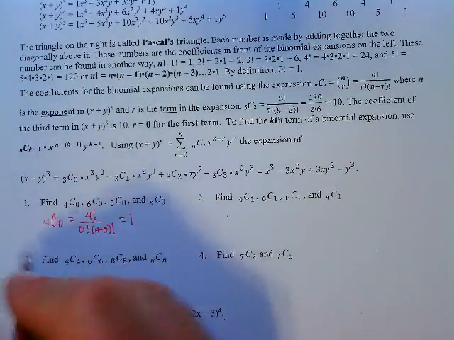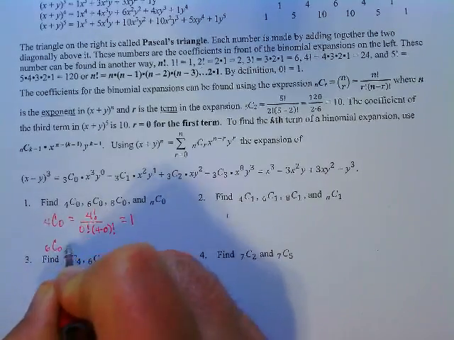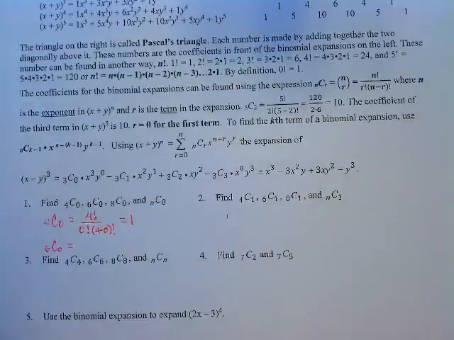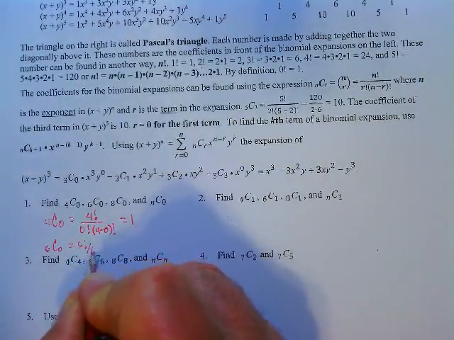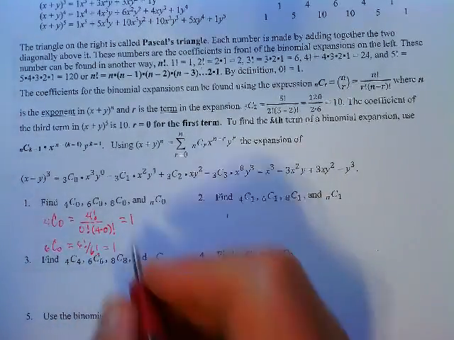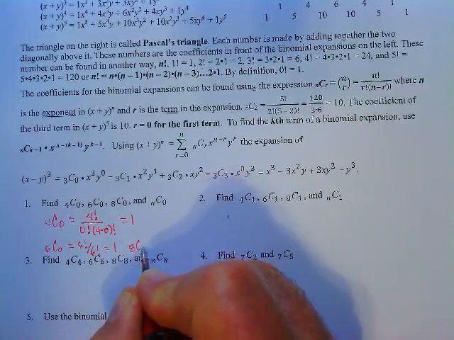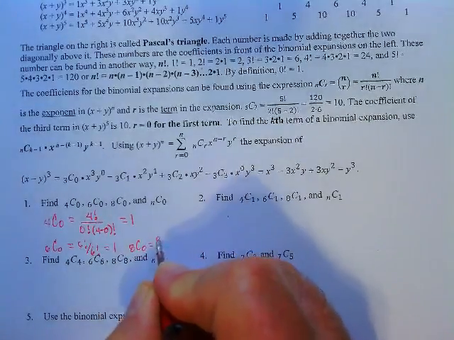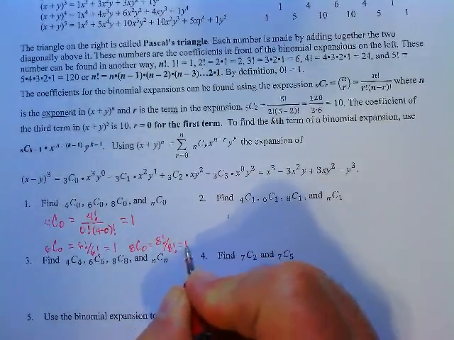Going by that same pattern, if I were doing 6C0, well, again, I'm going to have that 0 factorial, but then I'm also going to end up with 6 factorial over 6 factorial, which is going to equal 1. And then if I did 8C0, well, that's just going to be 8 factorial over 8 factorial, which again would just be 1.